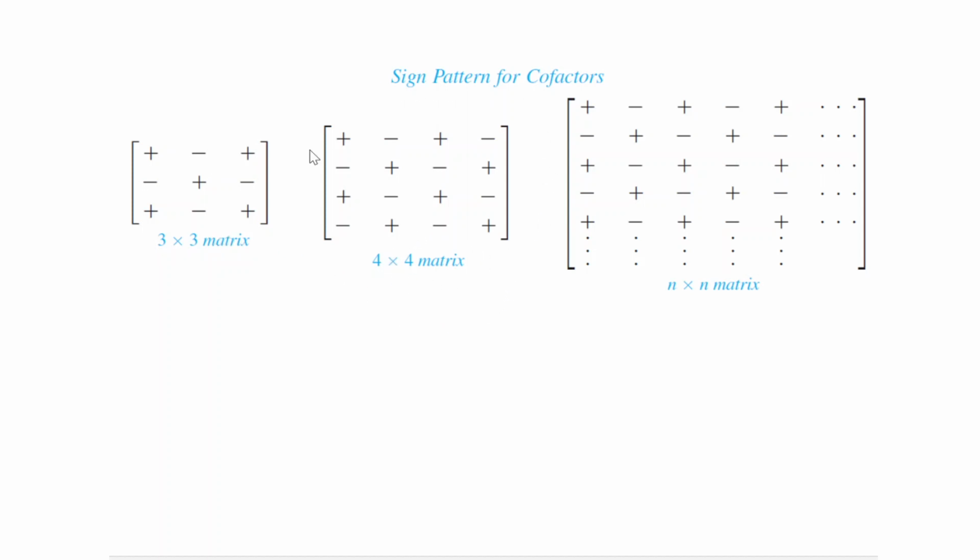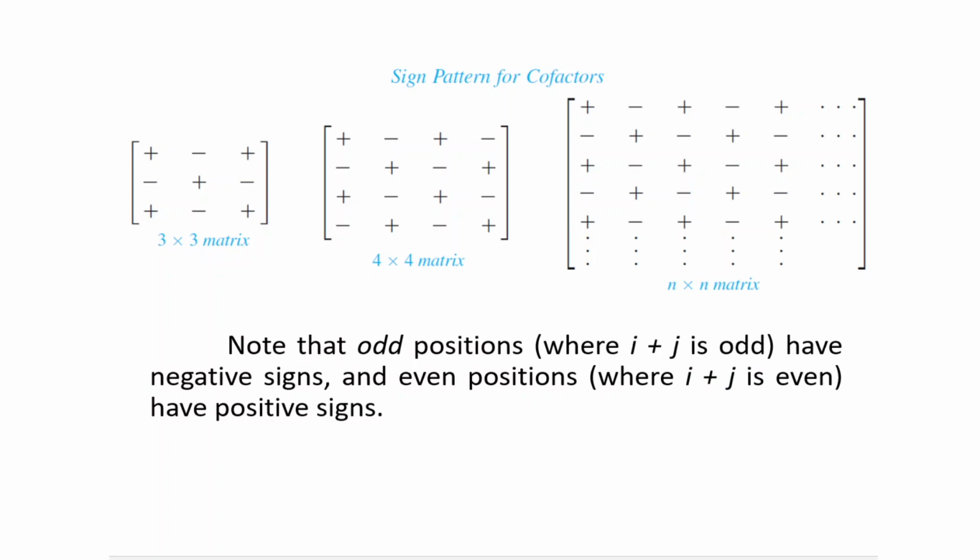If we have a 4 by 4 matrix and we need to get the cofactor of A sub 3,2, we have the third row and second column. Since we have a negative here, the cofactor C sub 3,2 is the negative of minor M sub 3,2. Note that odd positions where i plus j is odd have negative signs, and even positions where i plus j is even have positive signs.